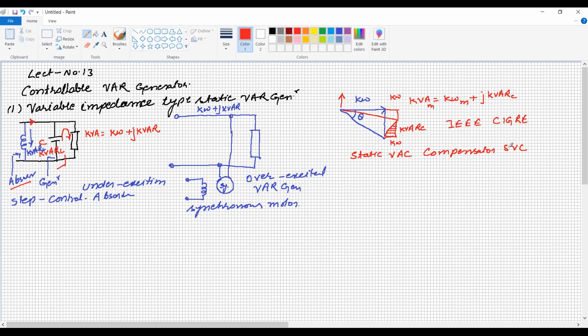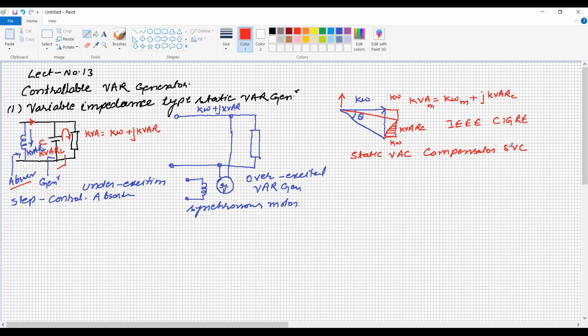So the static VAR compensator, SVC, is used to maintain or control specific parameters, especially the voltage and frequency of the electric power system. The static VAR generator is a self-sufficiently functioning device that draws controllable reactive current from the alternating power source.